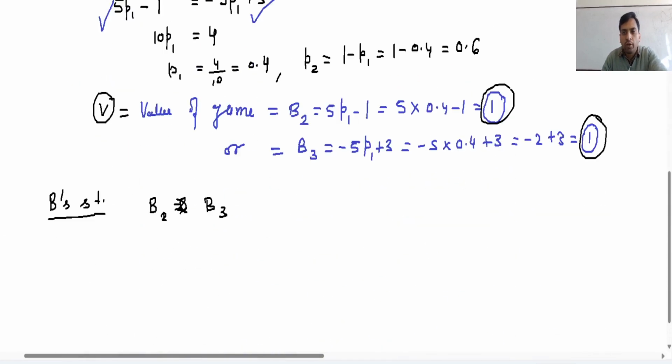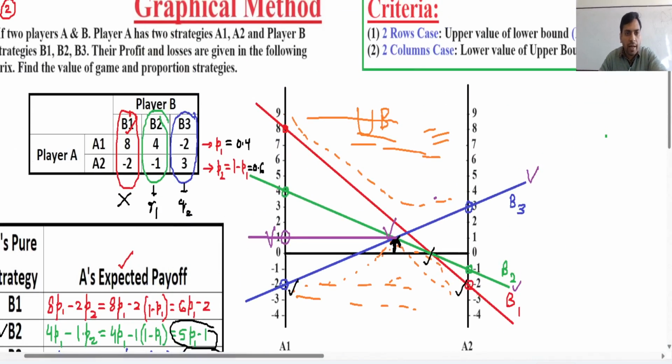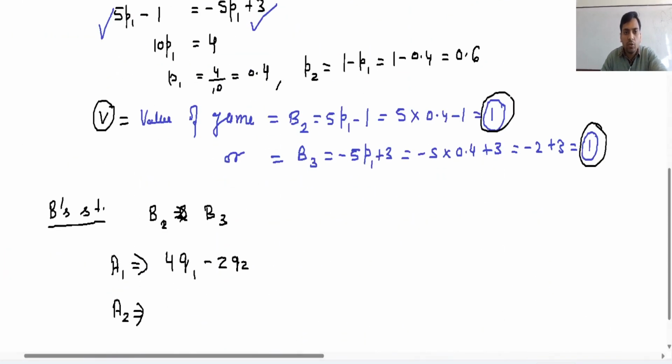So for A1, this strategy is 4 into Q1 minus 2 into Q2. And for the A2 combination, we will write minus 1 into Q1, plus 3 into Q2.